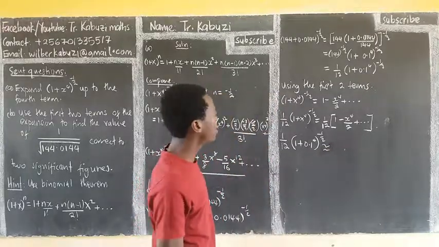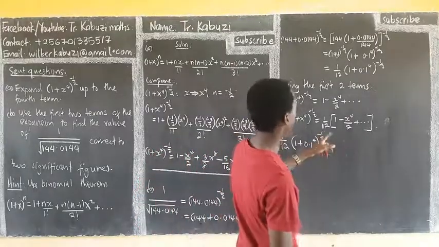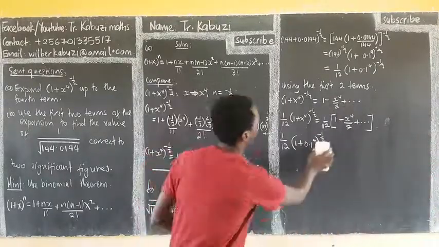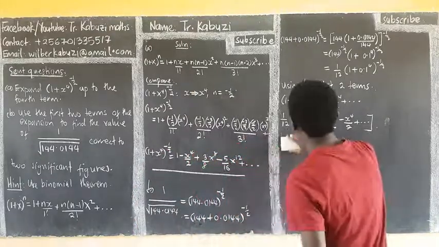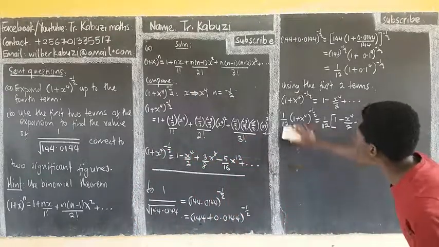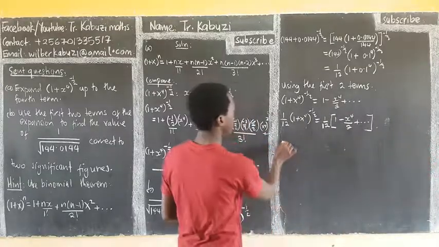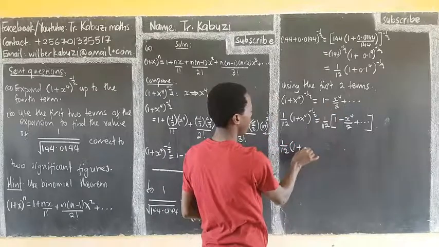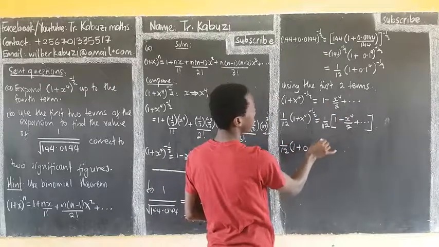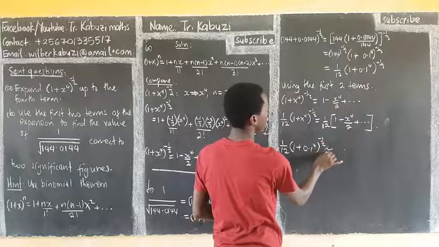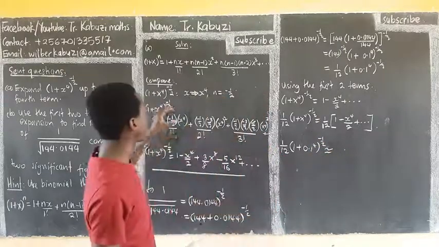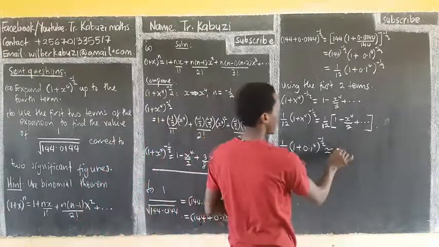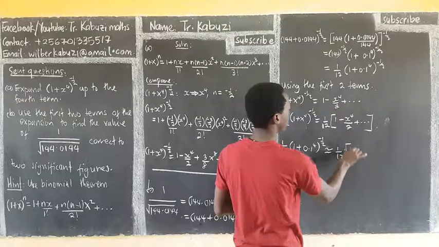Hope people are able to see. Anyway, maybe write it a bit lower so that people can appreciate it. So this is 1 over 12. Then I'm handling this as 0.1 power 4, the whole power negative a half. Now this one is going to be an approximate. Why? Because we're just using 2 terms, so it's going to be an approximation. So 1 over 12 into 1 minus.